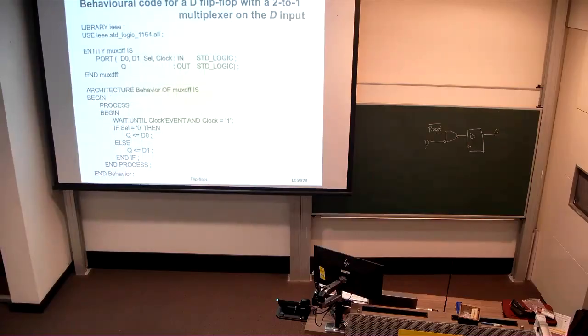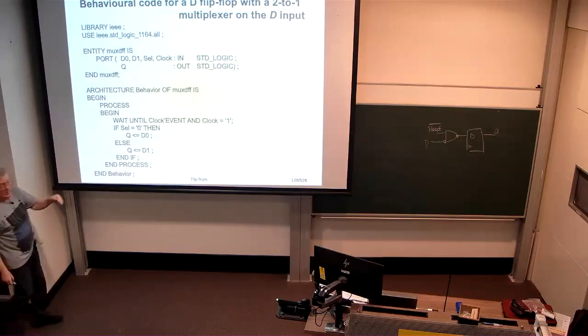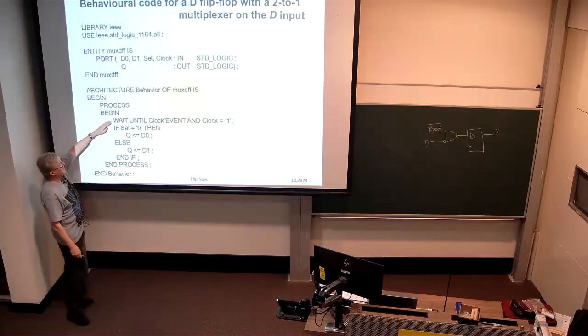How do we code that up? Well, here's the code for a D-type flip-flop with a 2-to-1 mux as input. So we have a D0 and a D1 input, a select input that tells us which one of those is meant to be stored in the flip-flop, and we have our Q output from the flip-flop as well as the clock. In this case, we use the wait until idiom to control the flip-flop.